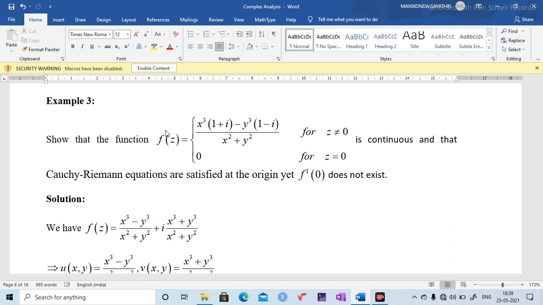So first of all we want to show that this function is continuous and that Cauchy-Riemann equations are satisfied at the origin, yet f dash of 0 does not exist. So Cauchy-Riemann equations are satisfied at the origin only, but f dash of 0 does not exist.